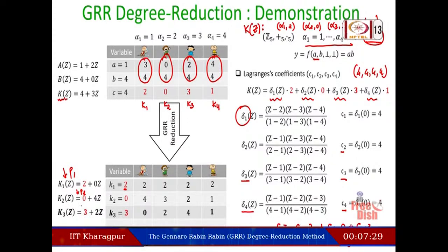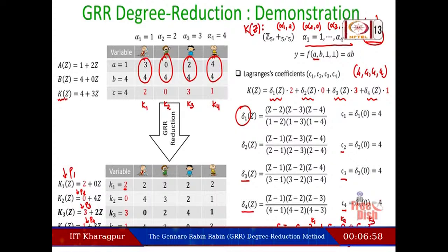Party 3 will act as a dealer and secret share its private input K3 through a degree 1 polynomial, and similarly party 4 will act as a dealer and secret share its private input K4 through a degree 1 polynomial. And now we have to compute these linear functions. So, K1, K2, K3, K4 are now already available in secret shared fashion.